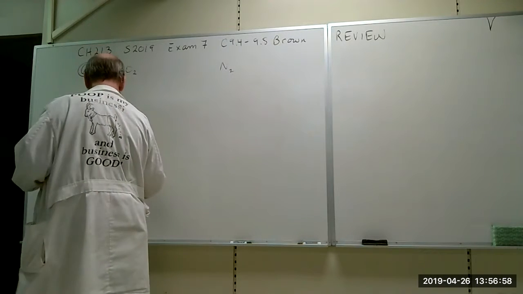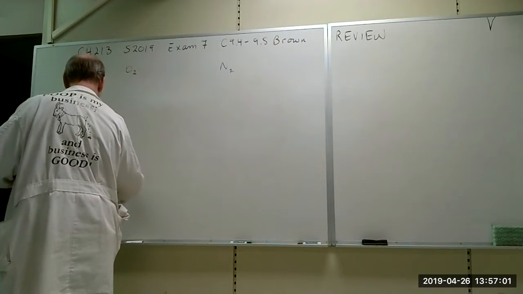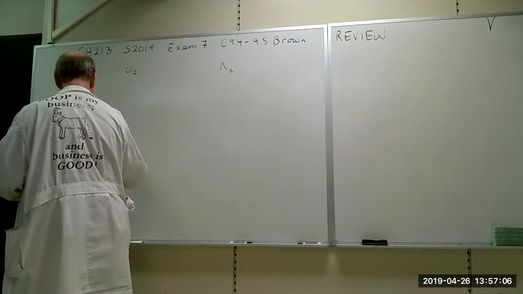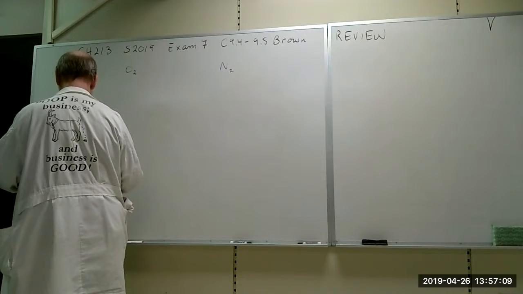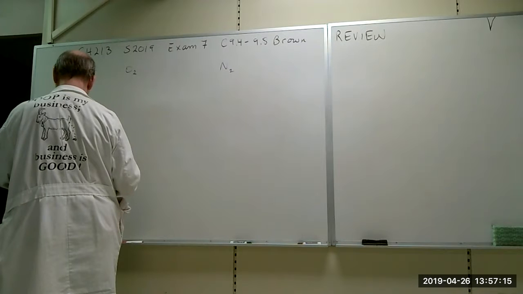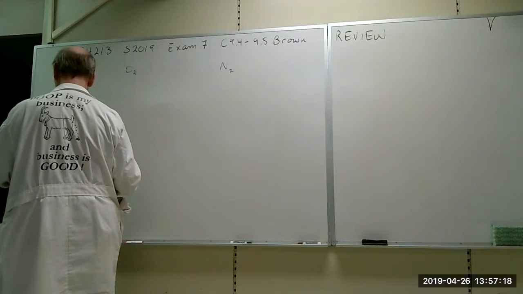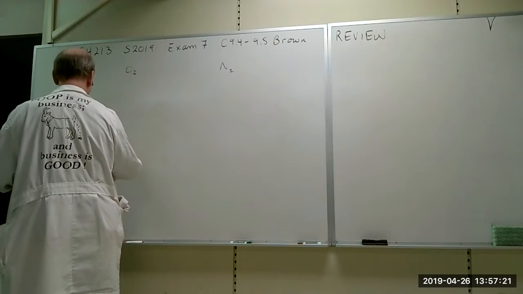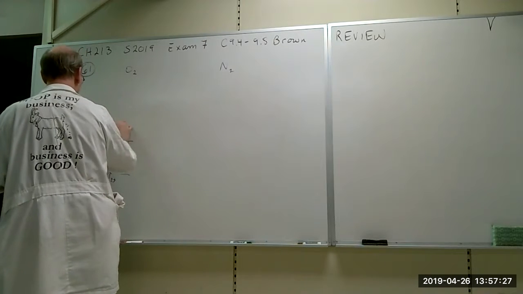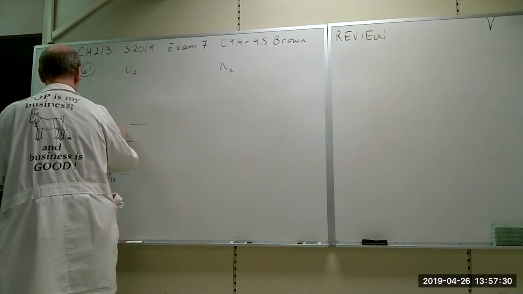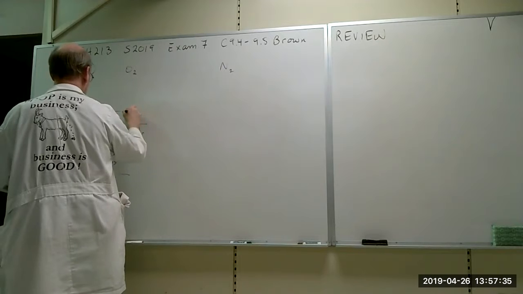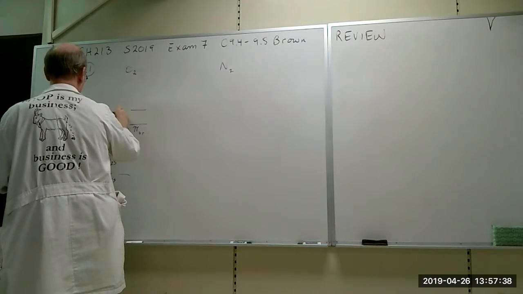So for O2, we have one down here. That's sigma from the 2s. And then we have sigma star from the 2s. Then oxygen has no mixing. So the next one is going to be sigma from the 2p. Then we're going to have pi's from the 2p's. Then we're going to have pi stars from the 2p's.